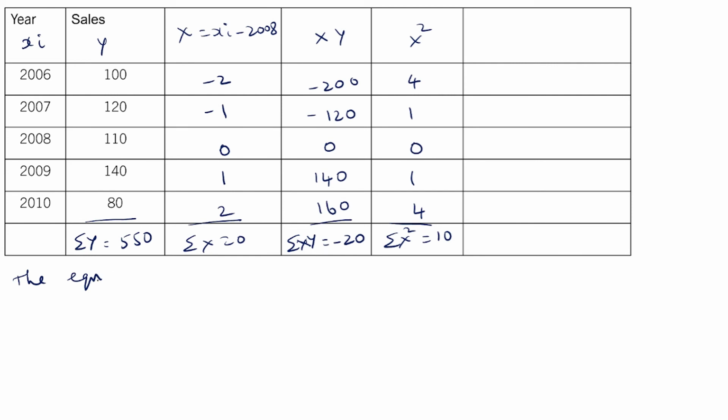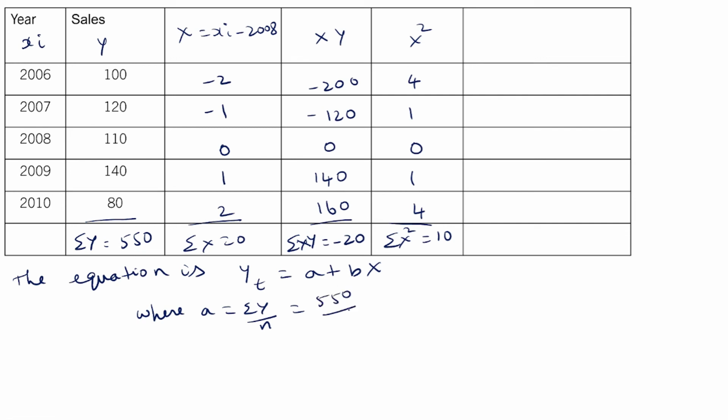Now the equation of trend line is given by yt is equal to a plus bx, where a equal to summation y by n. So here summation y is 550 and n is 5.